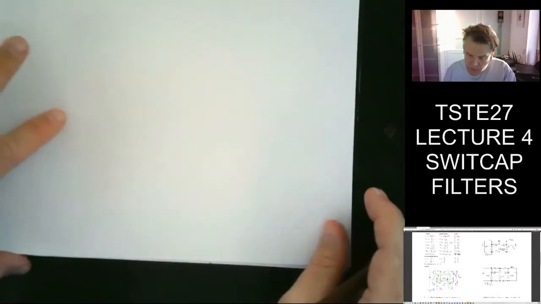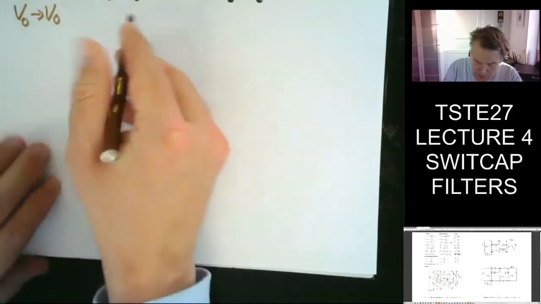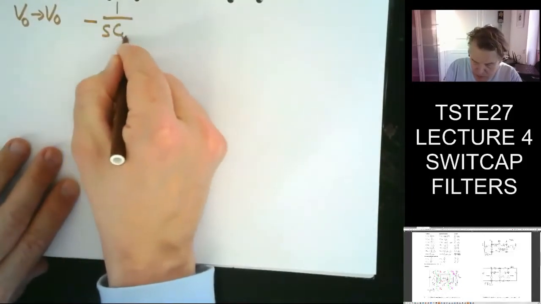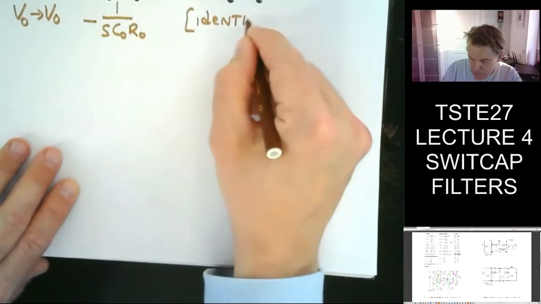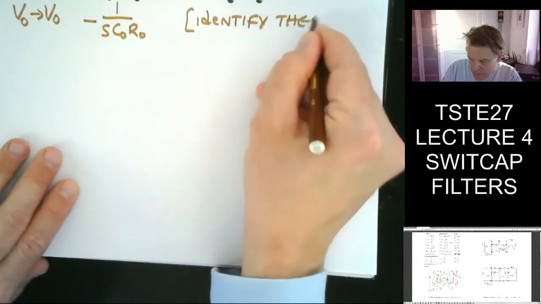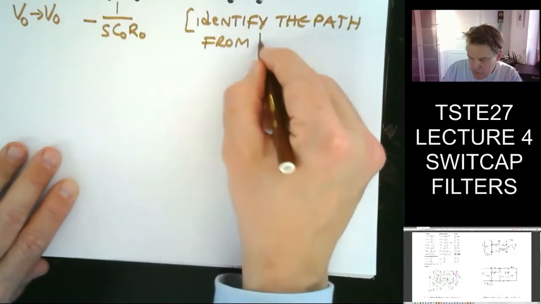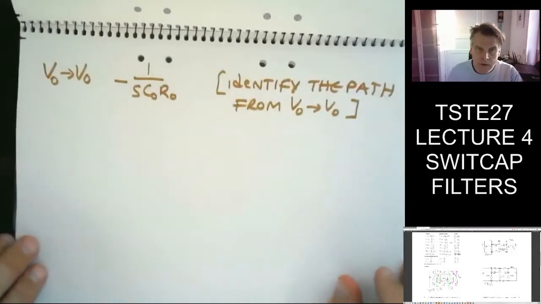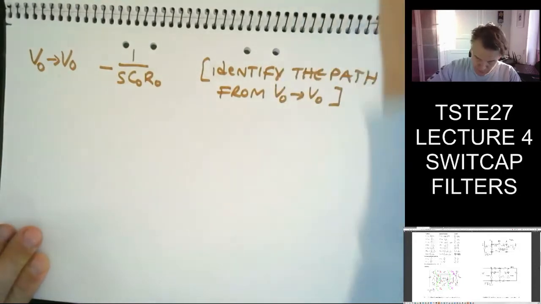Okay, so I will simply say that from V0 to V0, I have a transfer function which is minus 1 over S C0 R0. So what I do is I identify the path from V0 to V0. Like this. And then I do the same thing in the flow chart.